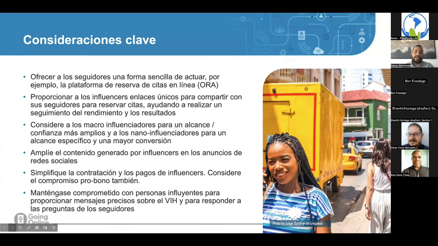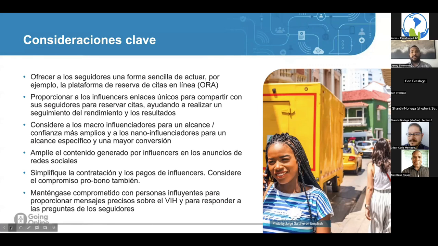We also encourage simplifying influencer contracting and payments, and consider pro bono engagements too. Pro bono engagements are when you engage social media influencers and they are not charging a fee.